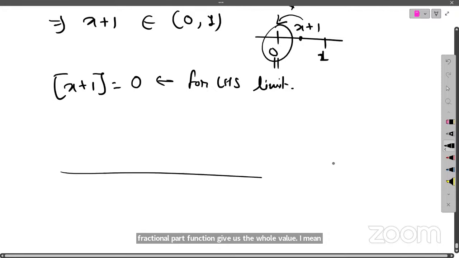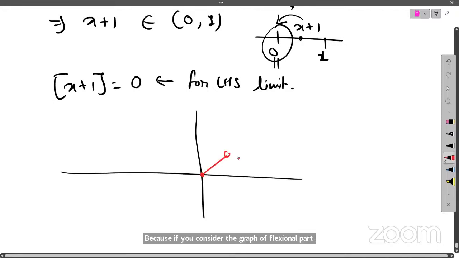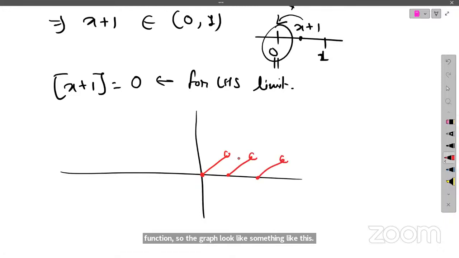If you consider the graph of the fractional part function, it looks something like this. This is the graph of the fractional part function. And if you draw the graph of the floor function, you'll see this kind of behavior.